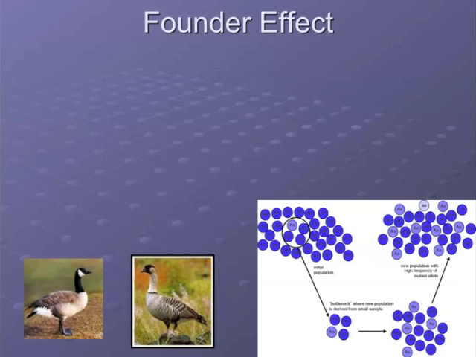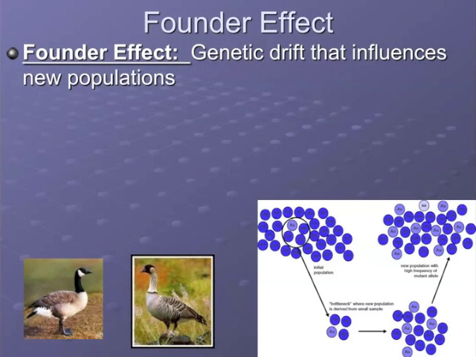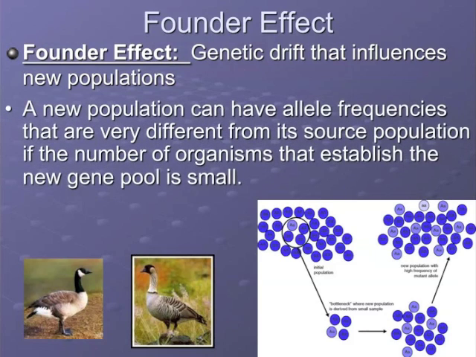And then there is the founder effect, which is a version of large populations going to small populations. It's genetic drift that influences new populations. So a new population can have an allele frequency that's very different from its actual source population. If you look on the right, you have an initial population of a lot of dark blues and one lighter.